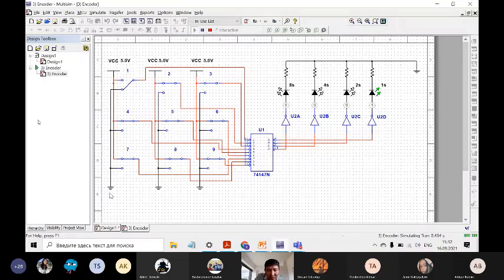Now, can you understand the answer to your question? Yes. Okay. So for example, here you can see when I press, the last one will light. So it's 1. Now I press, for example, 2. It will be 1, 0, right?